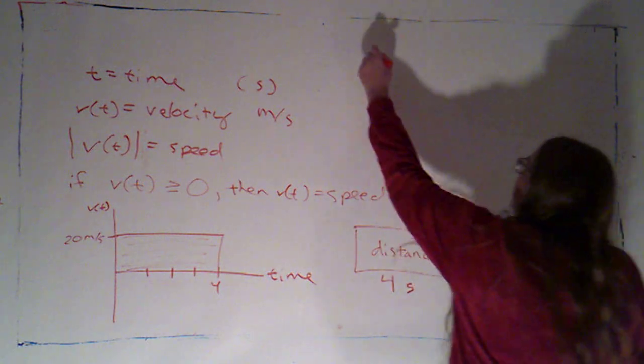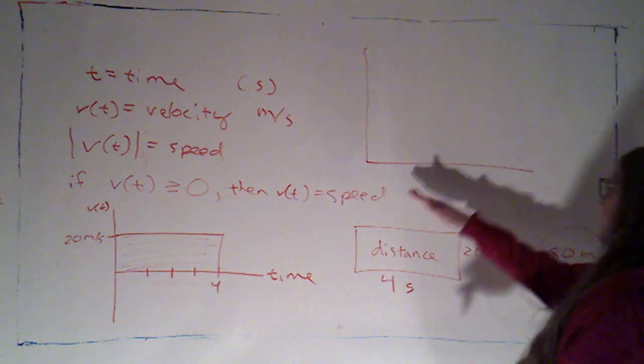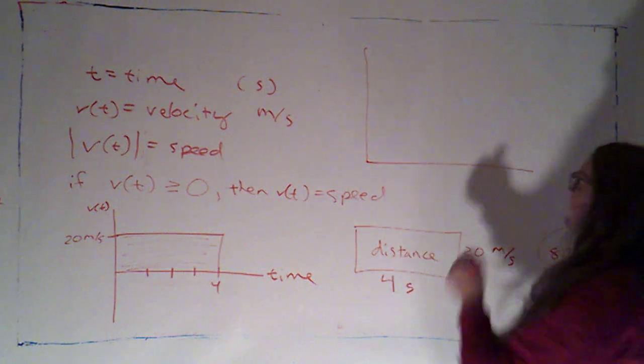Now, I'm actually going to just draw in the first quadrant because I'm going to have time be non-negative and velocity be non-negative.